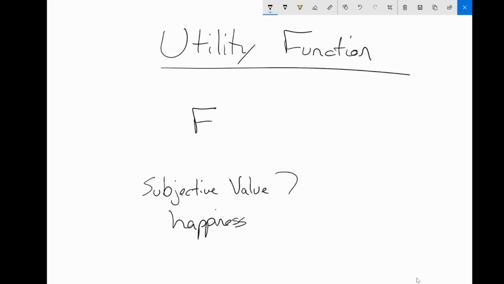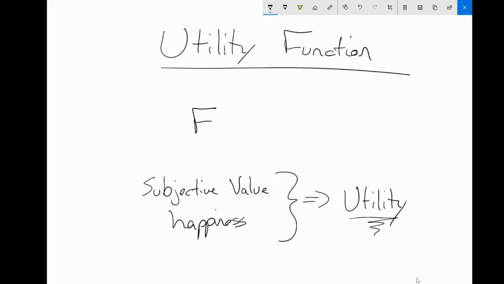We're going to use a term called utility. People derive utility from consuming goods or doing particular actions. Utility is what economists use to describe the subjective value, the happiness, the value you personally get from the decisions you make based on your preferences.